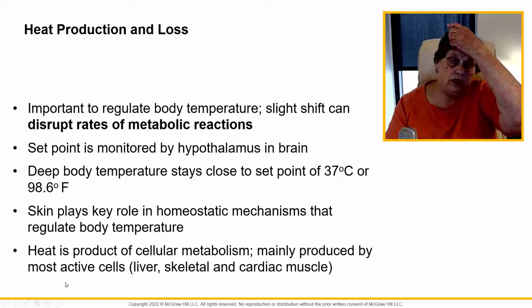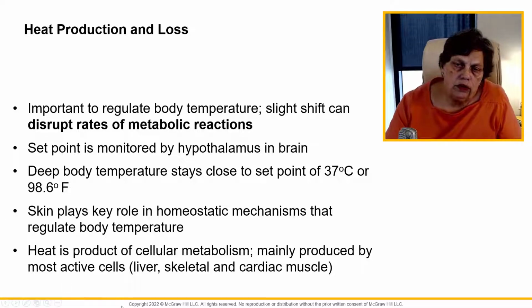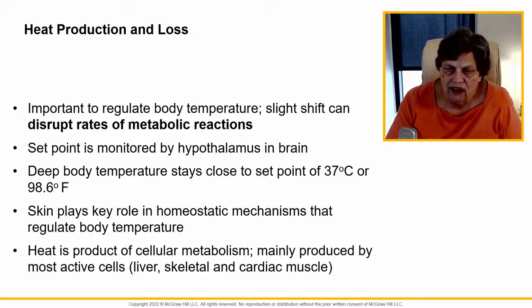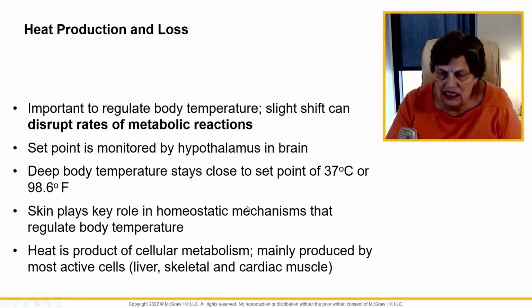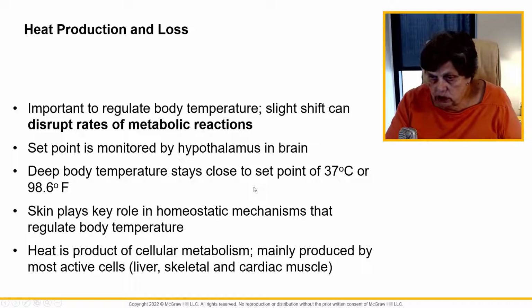Okay, so if we look at this heat loss and production, this is important to body temperature regulation. Again, we are warm-blooded mammals. We have to have a fairly consistent body temperature. We get too cold, enzymes don't like it. We get too hot, we denature.